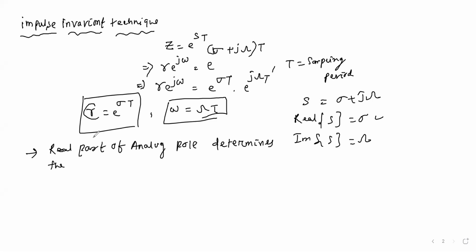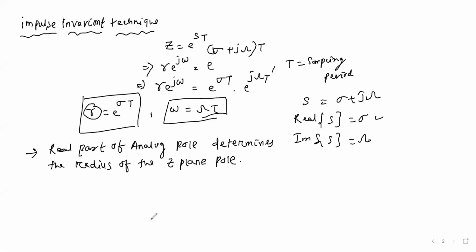See, it is a radius, yes or not? It determines the radius of the Z plane pole, or digital pole.